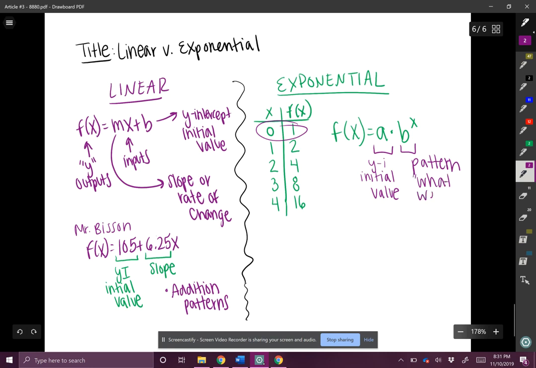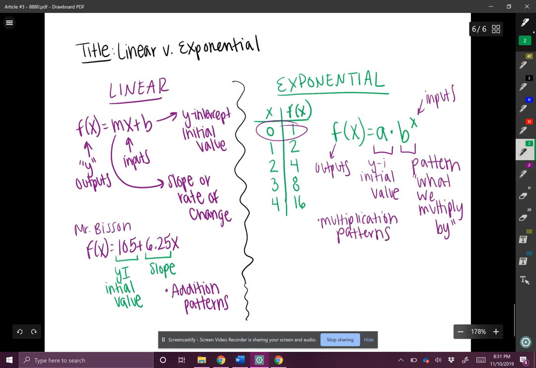And that x, just like in linear, is our inputs, and f of x, of course, is our outputs. So there are some similarities between the linear and the exponential, but our exponentials are multiplication patterns. And some would say, yes, division patterns too, but dividing by 2 is the same thing as multiplying by a half. So just keep that in mind.